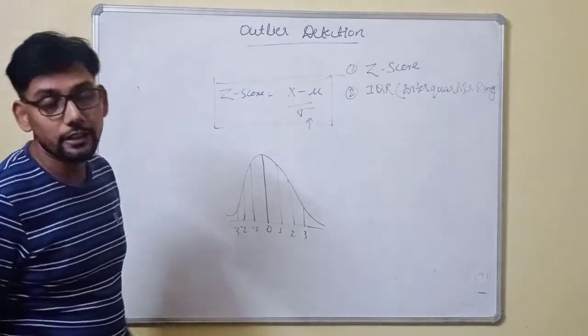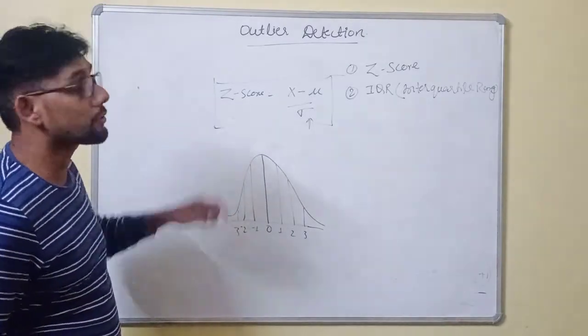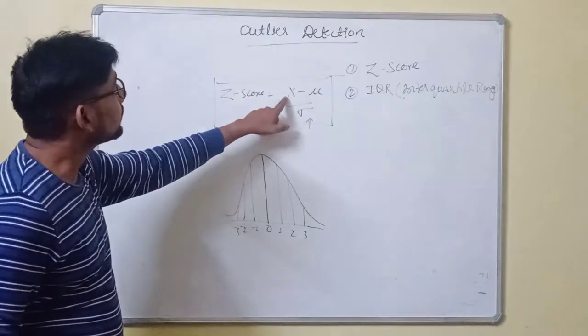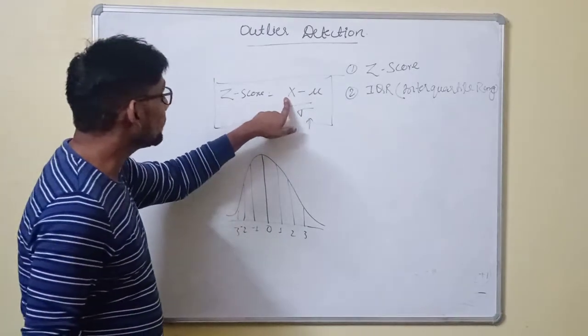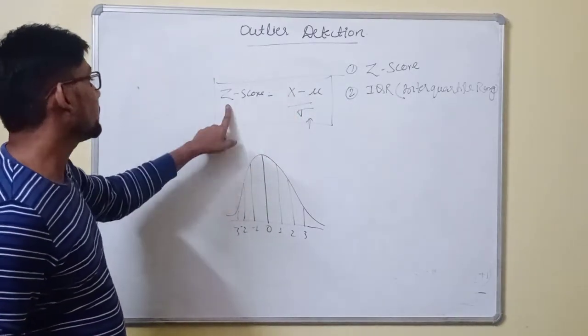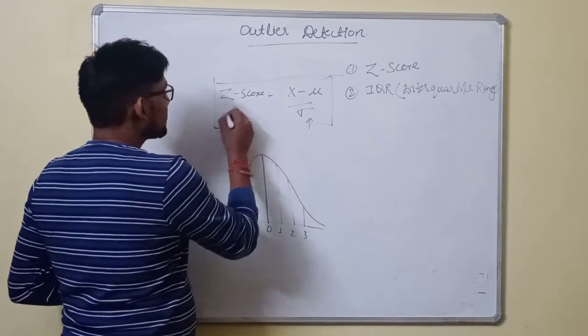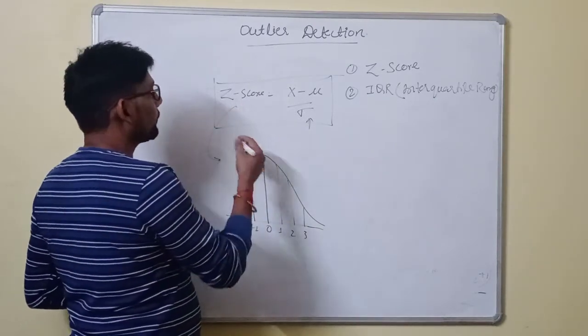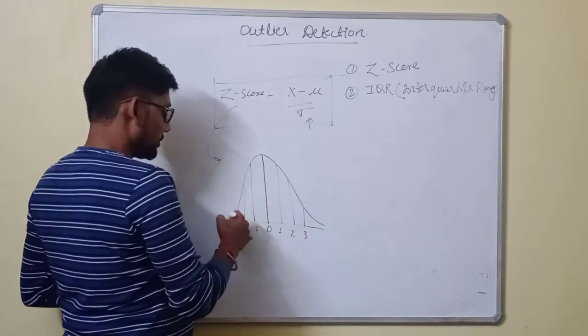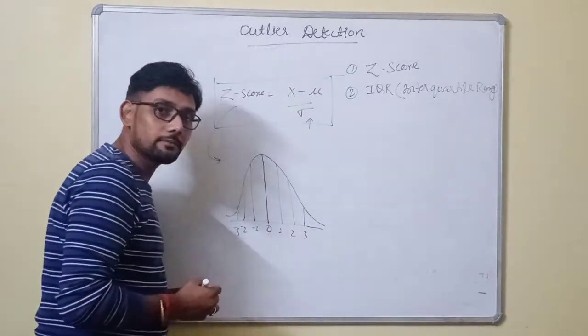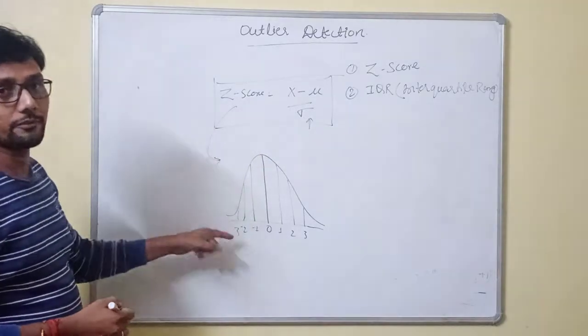If our data is not normally distributed, we can use z-score. We change every value of x using this z-score, and this z-score helps to convert your data into the normalized form, standard normalized form, we can say.